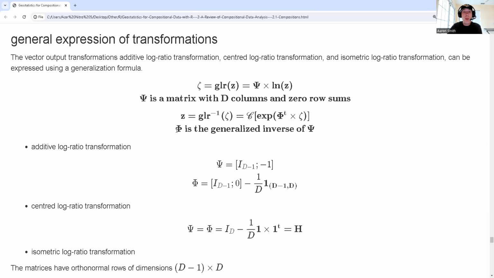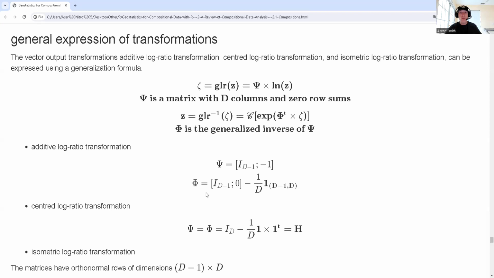And we're going to be invoking the generalized inverse of that matrix that we are hitting our log vector with in the first place. And so the psi matrix, the one that's doing the transformation for additive log ratio, is going to be the d minus 1 identity matrix with a column of negative ones appended on the right.